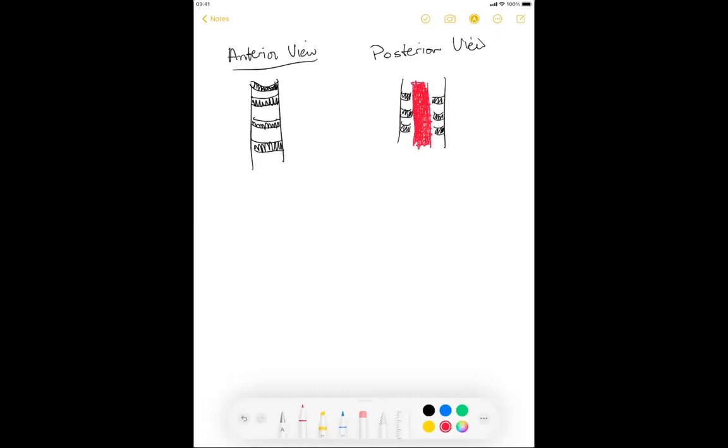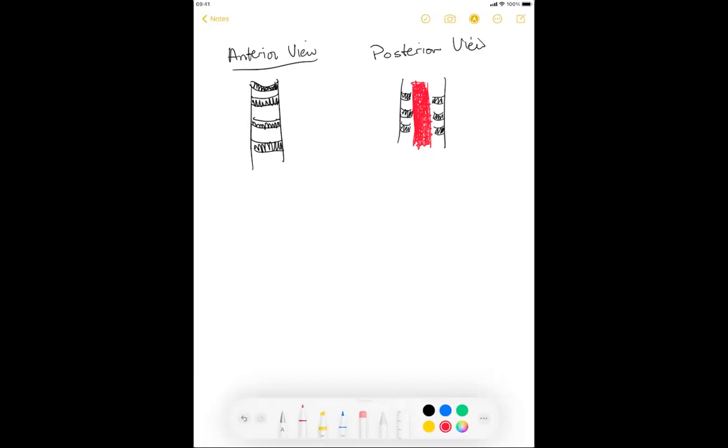One of the things this brings about is, well, what structures are in the area of the trachea? If you think about what's just behind the trachea, the esophagus is just behind it.